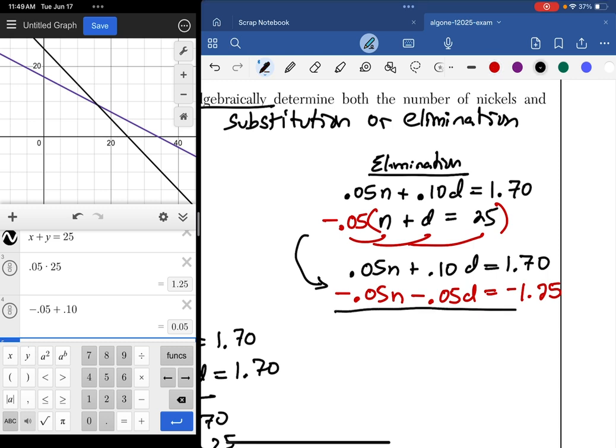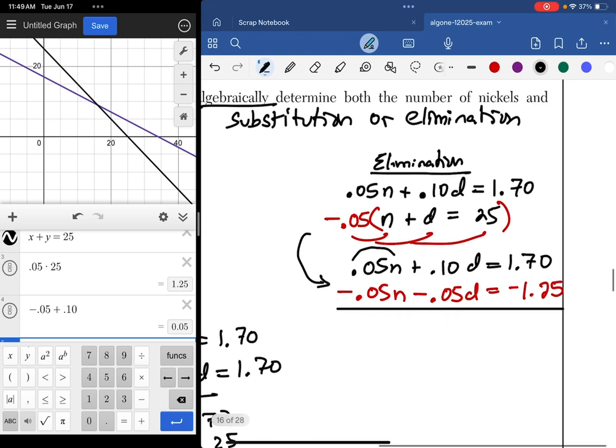So now I'll add the two equations together down each column. So 0.05n and minus 0.05n goes to 0. 0.10d minus 0.05d is 0.05d.